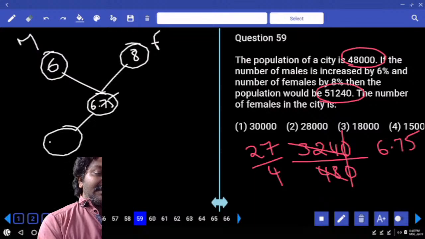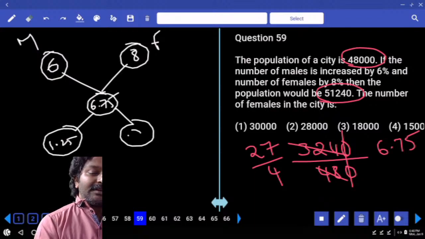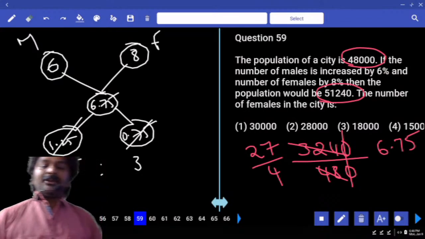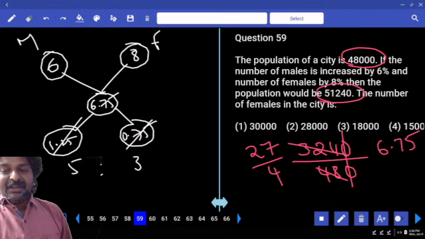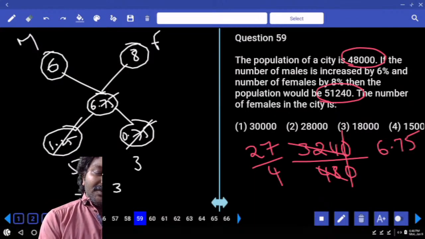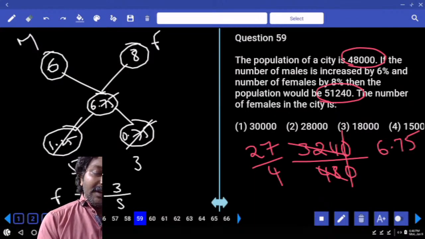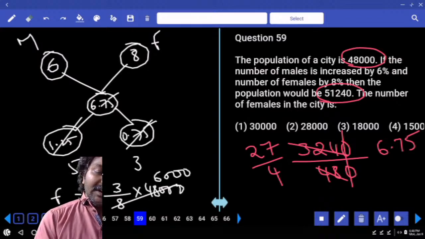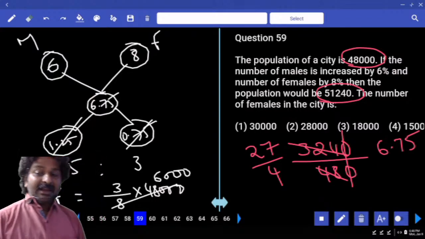Here it is 1.25. Here it is 0.75. The ratio is 5:3. So male to female ratio is 5:3. We were asked to calculate how many females are there. Females are 3 parts out of 8 parts among 48,000. 6,000 into 3, 18,000.